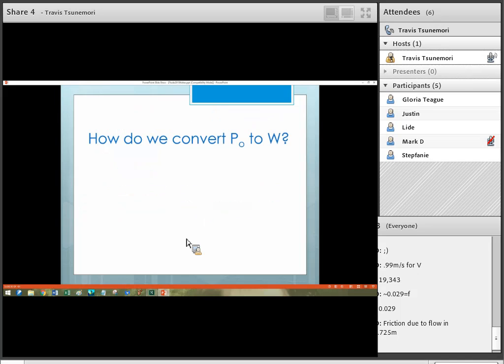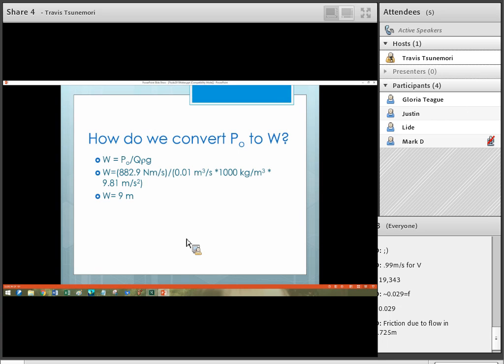So how do we convert the power to head? You remember from the first slide in this section, the power out is W equals Q rho g times the head. So the head is going to equal the power divided by the flow rate, the density, and the gravitational constant.